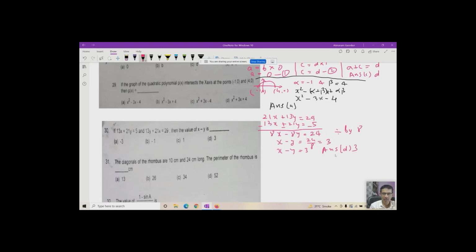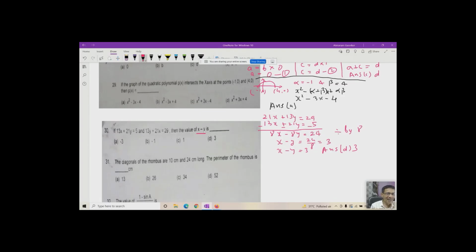That is 3. And if you are asked to find x plus y instead of x minus y... Now here you are asked to find x minus y. That is why I have done subtraction like this, by keeping the bigger term of x on top, because I have to get x, and the smaller term of y on top because I want to get minus y.